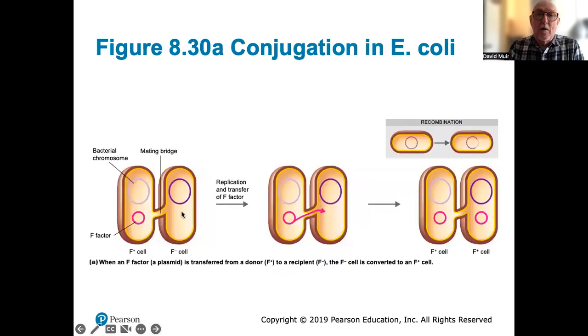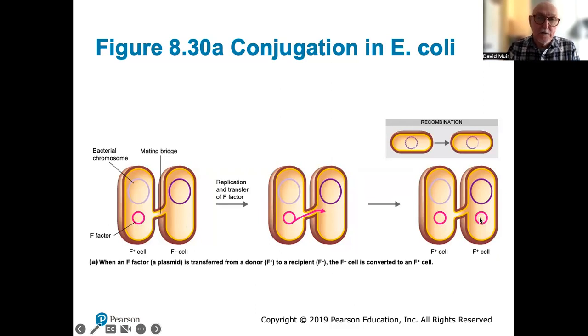What happens now is, here's the mating bridge. Here's the plasmid that we're interested in. This is the F factor, the conjugative factor. And that is replicated. It doesn't pass this plasmid from there to there. It replicates the plasmid and sends a copy to the F minus.